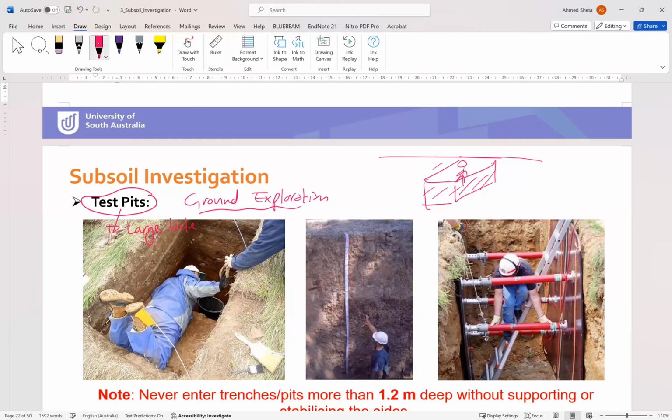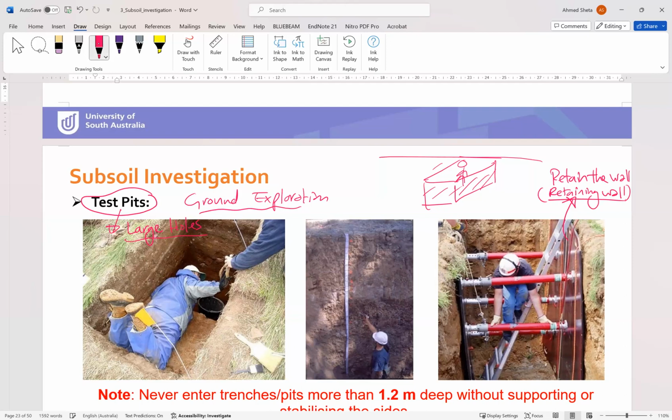So pits, large pits, test pits means we make large holes into the soil to investigate the soil. We have some problem in this soil in that we need to retain the wall. If you can look here, we have to retain the wall, and this will be using some retaining wall techniques. Otherwise, the soil will fail.